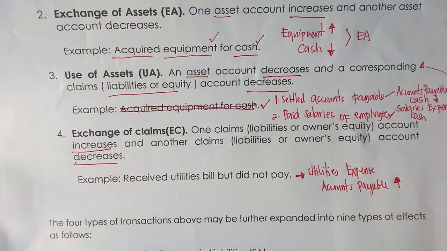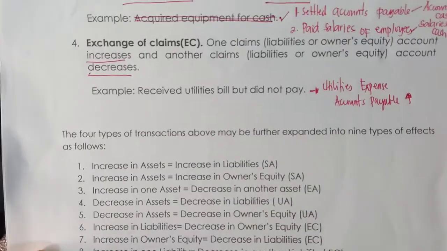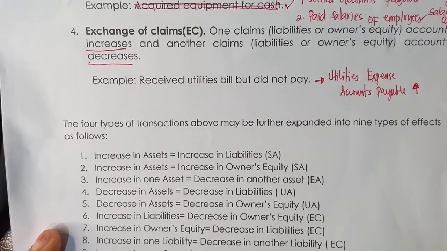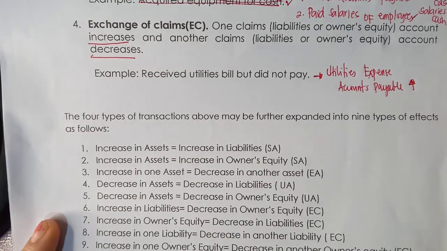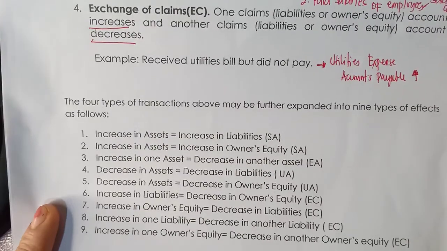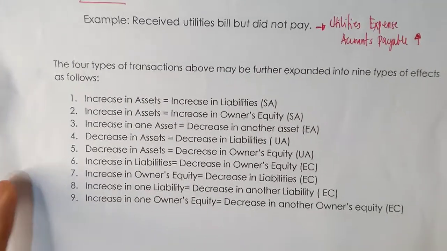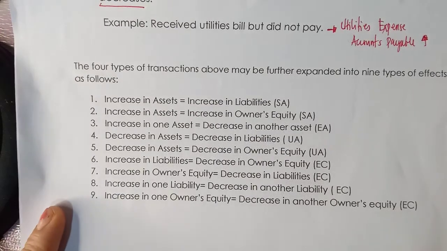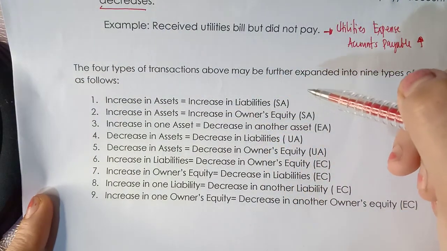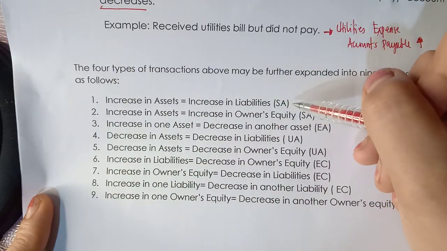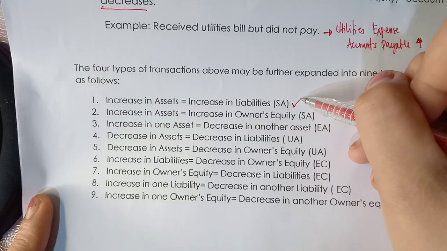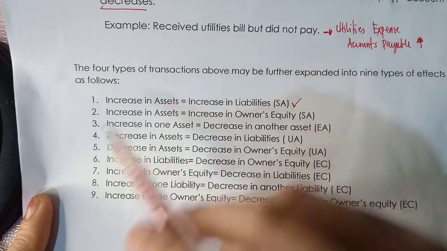Okay? So next, these 4 types of transactions above may be further expanded into 9 types of effects as follows. So what are those? When we say increase in assets is equal to increase in liabilities, it is called SA or the source of assets.